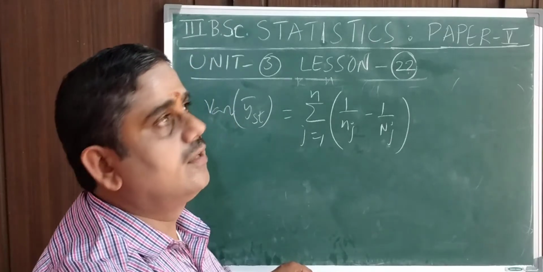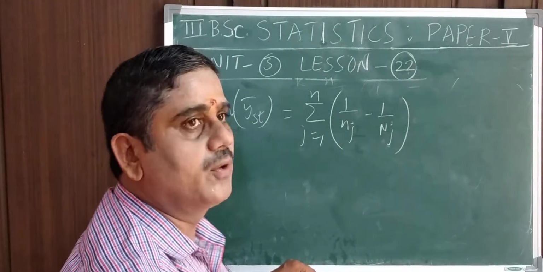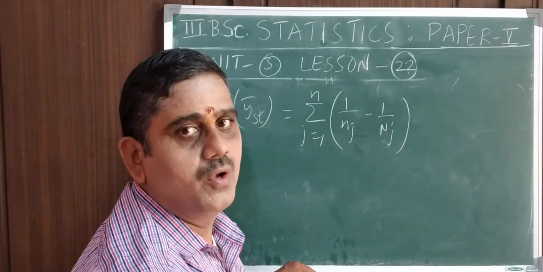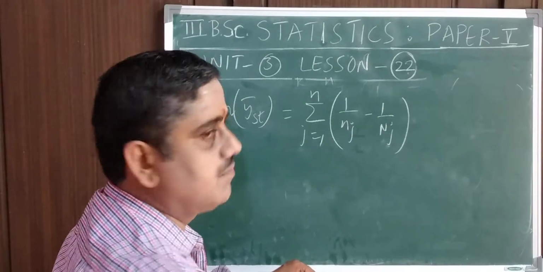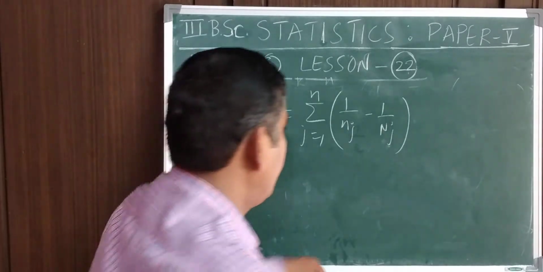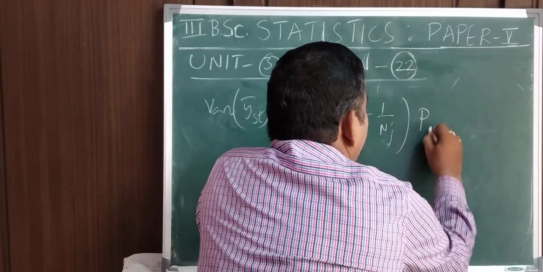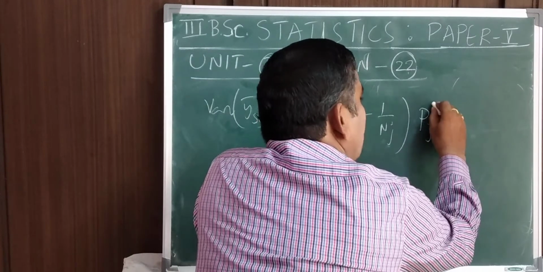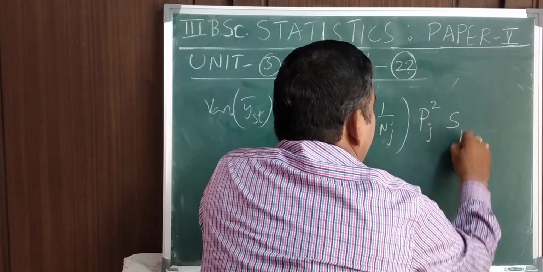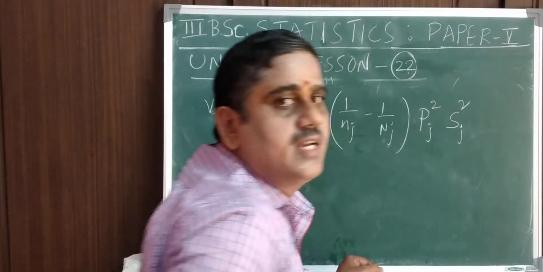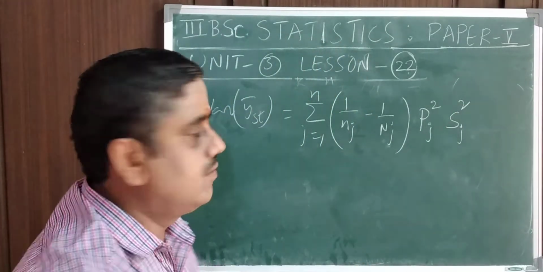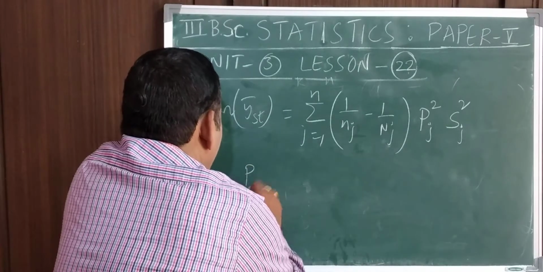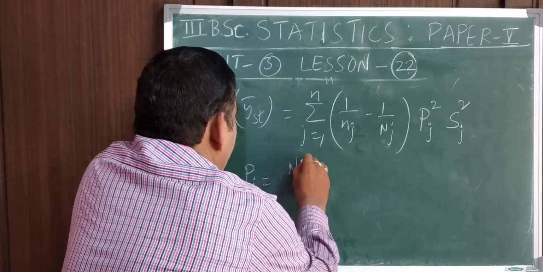The formula is for i equal to 1 to k. Here we have considered summation with respect to j, Pj squared Sj squared. What is Pj? Pj is equal to Nj by n.